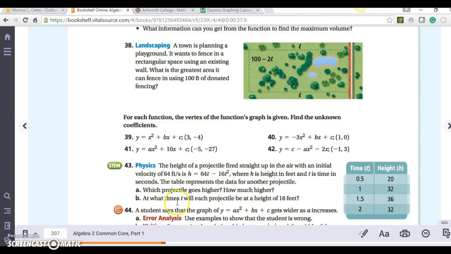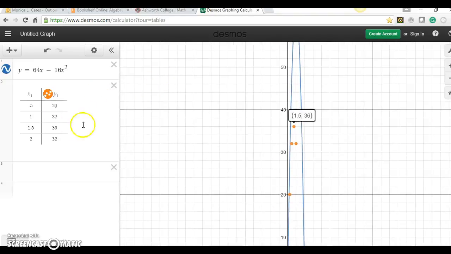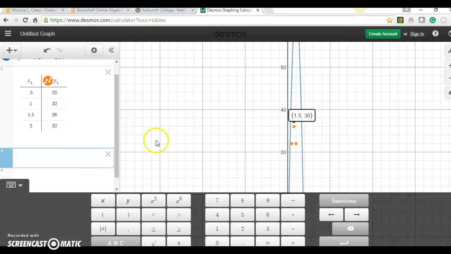Okay, so now let's look at part B. It says, at what times t will the projectile be at least 16 feet? So for the first one, for the table, I don't have a graph, so I'm going to make a curve using my regression.